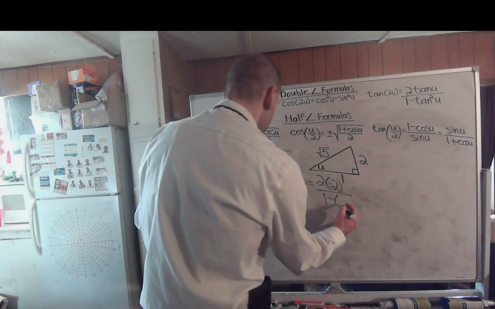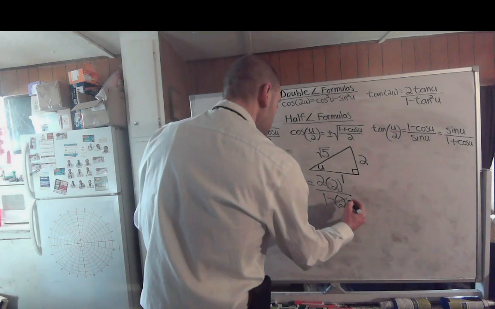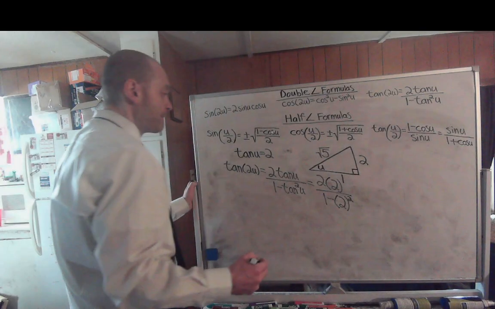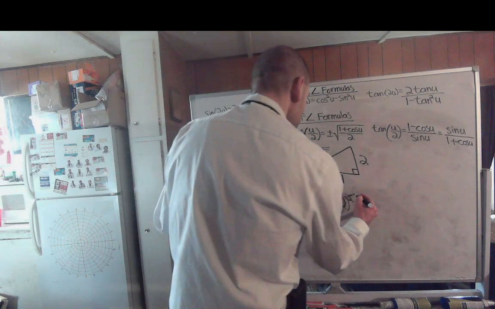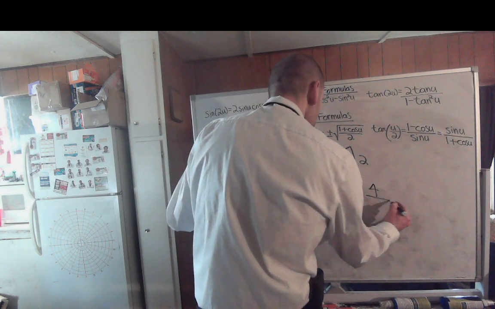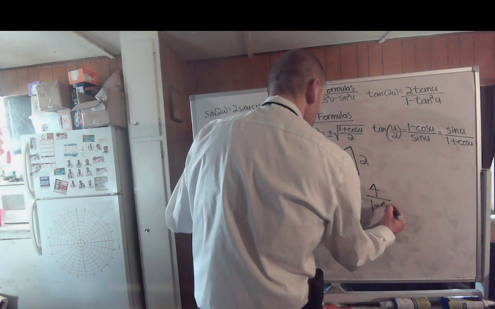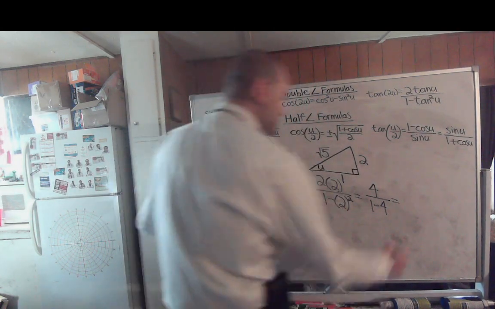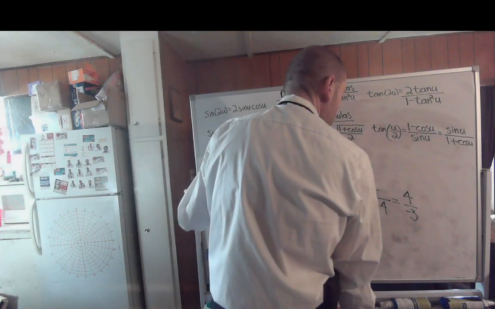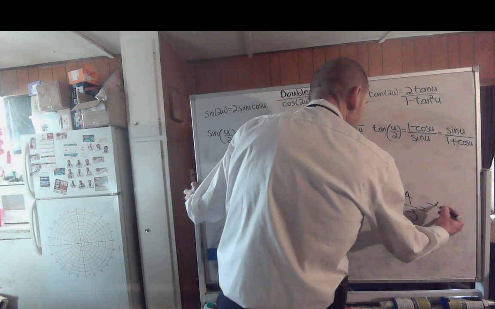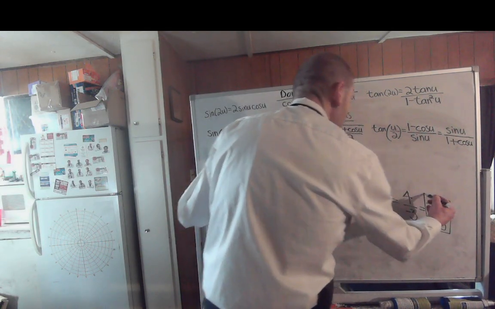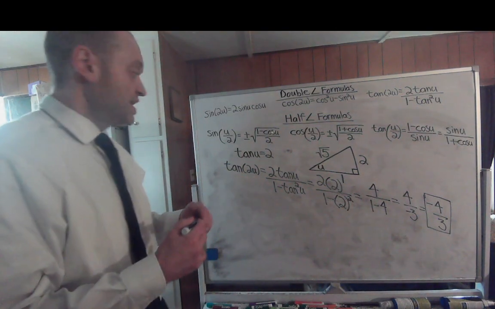So that'd be 1 minus 2 squared, which would then equal 4 over 1 minus 4, which should end up giving you 4 over negative 3, which should in fact then give you negative 4/3. So the tangent of 2u equals negative 4/3.